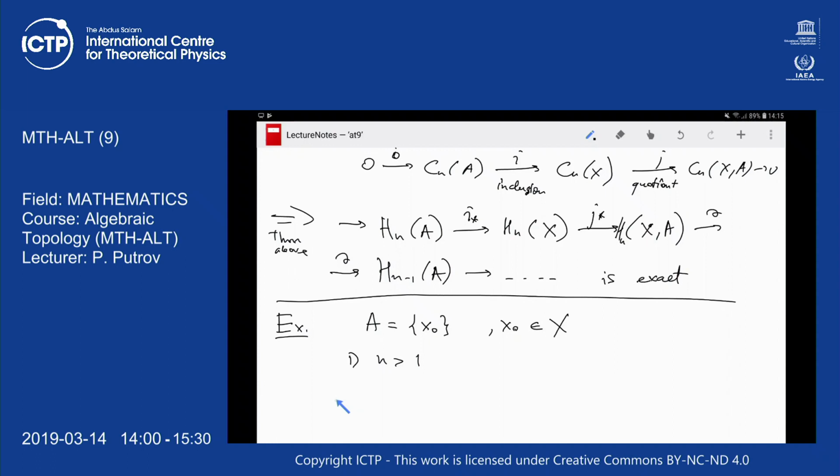So it looks like this. So we have H_n, and this is homeomorphic to just a topological space consisting of a single point.